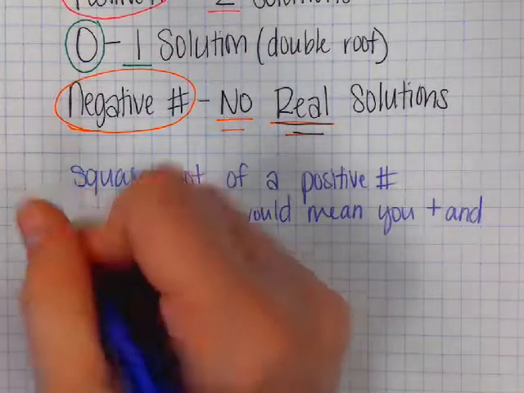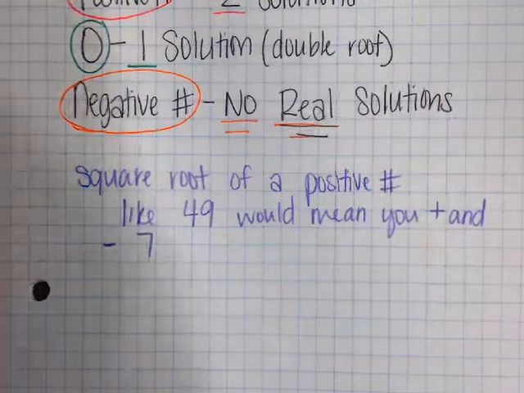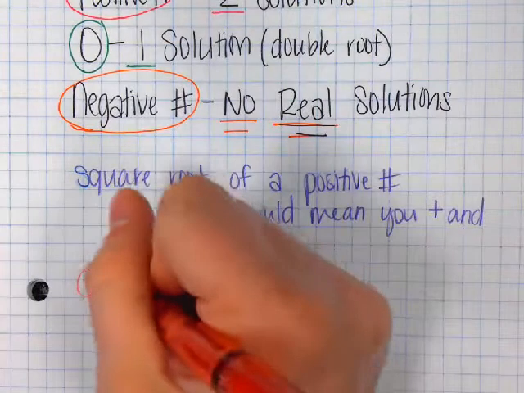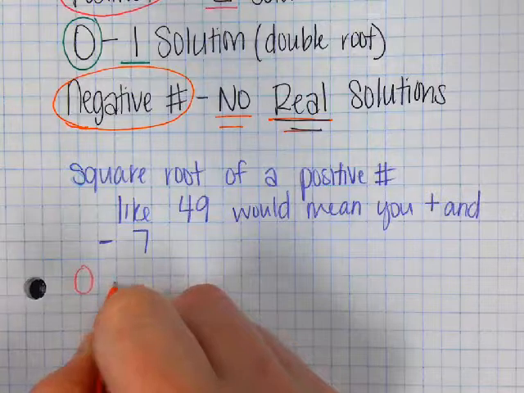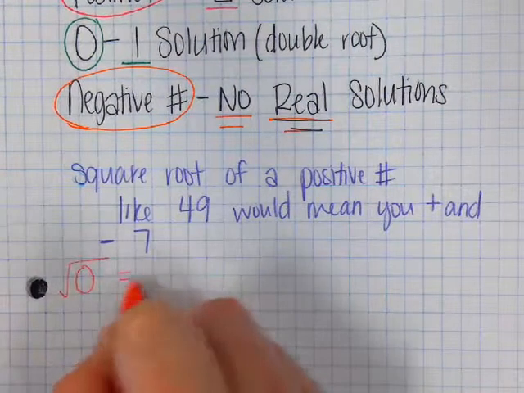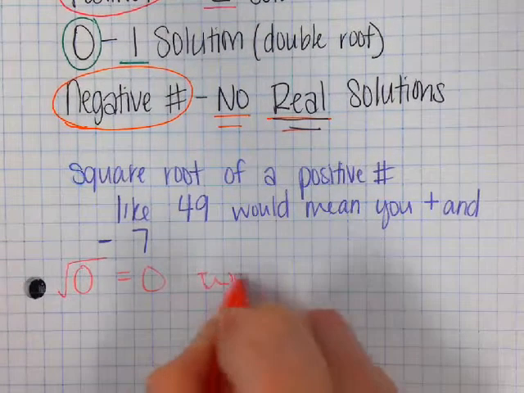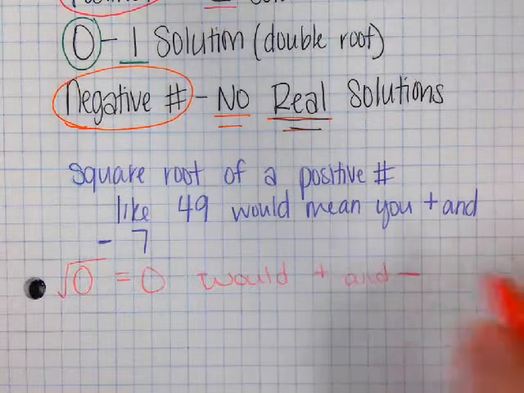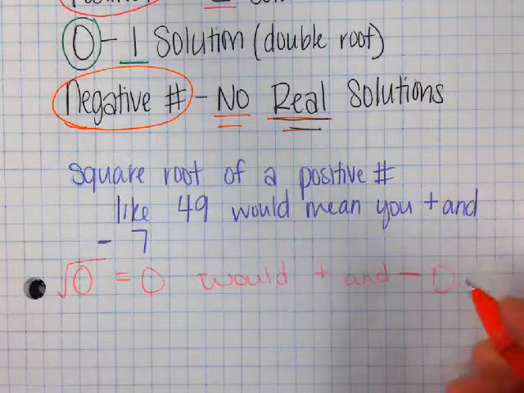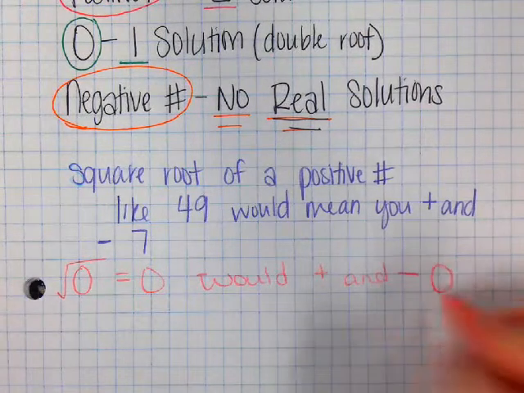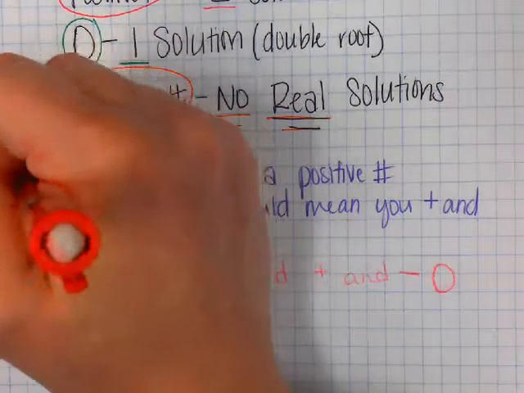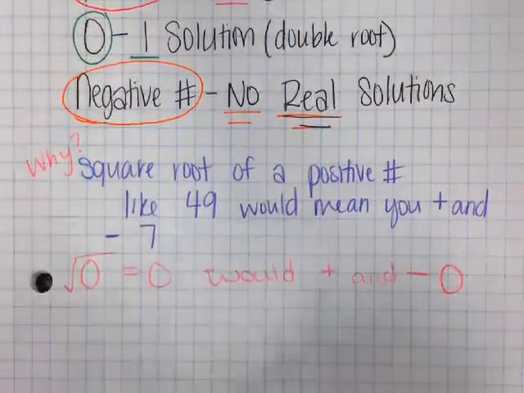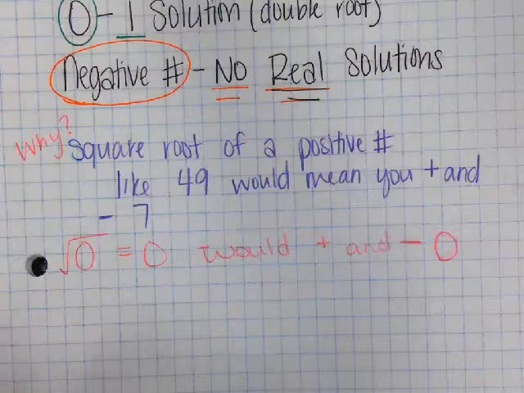If you have a 0, or the square root of 0 equals 0, so you would add and subtract 0, which wouldn't change it. It would be whatever the other number is. So this is just the why, so you can look back at it later.